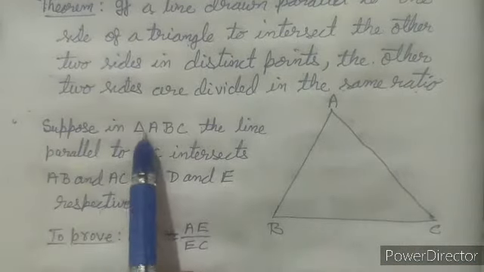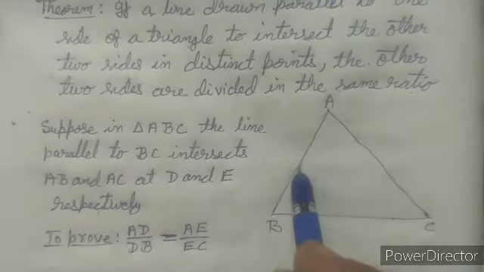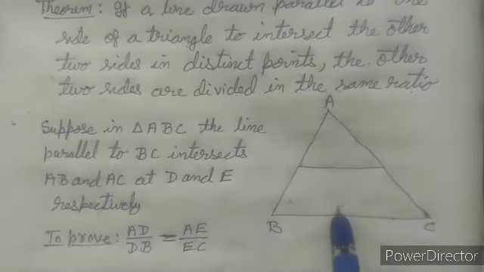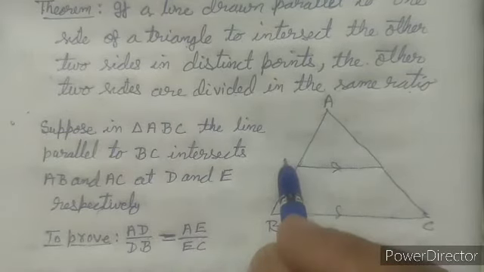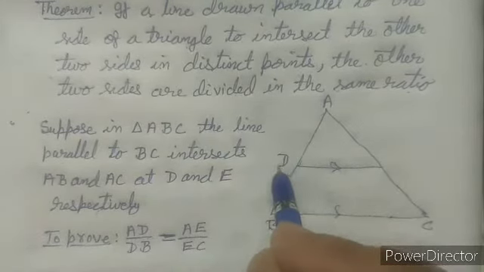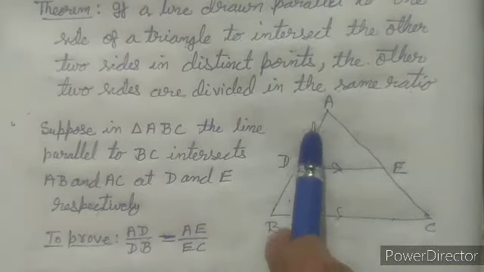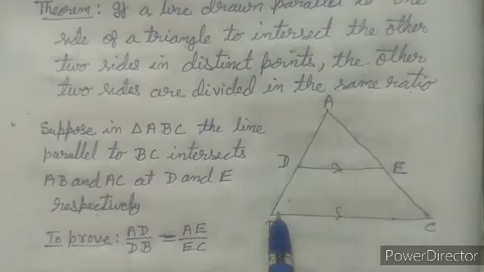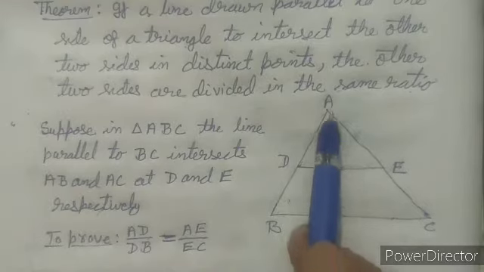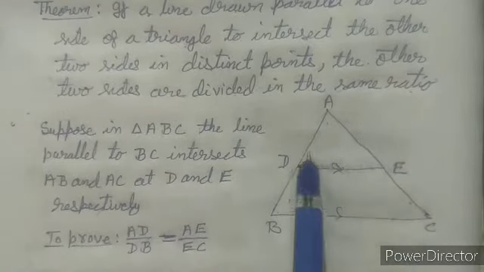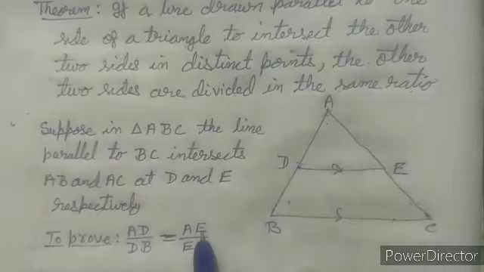Now suppose in triangle ABC, the line parallel to BC intersects AB at D and AC at E. We have to prove that DE divides AB and AC in same ratio, that means AD upon DB is equal to AE upon EC.